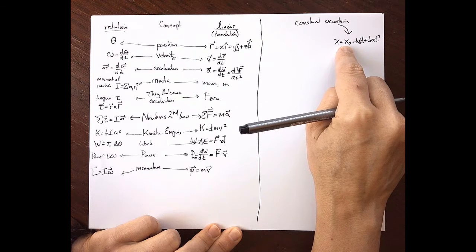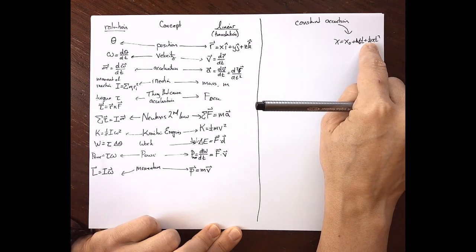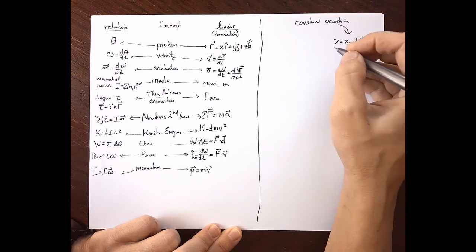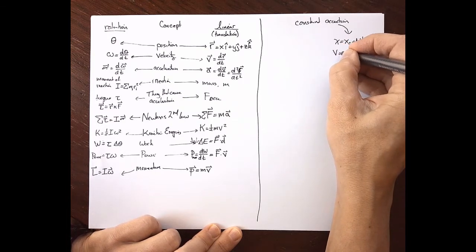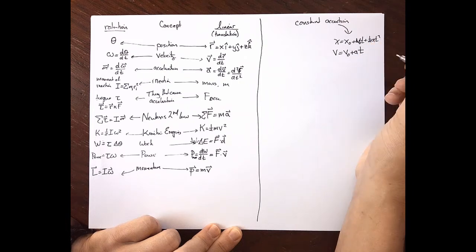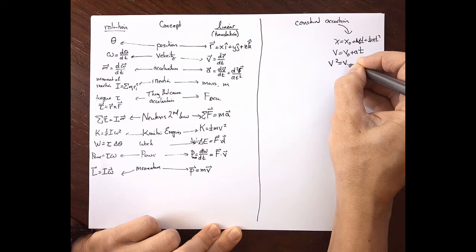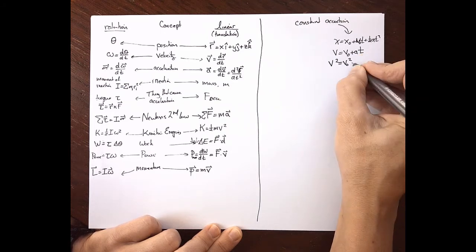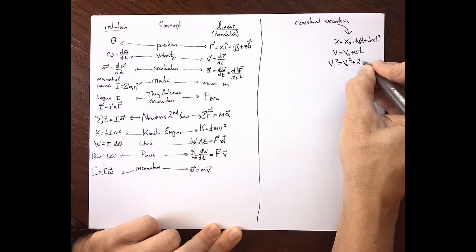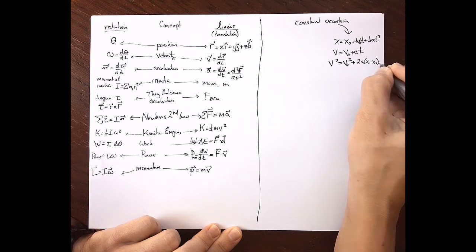The position is the initial position plus the initial velocity times time plus 1/2 the acceleration times time squared. The velocity is the initial velocity plus the acceleration times time. We could even use the square velocity one. The velocity squared is the initial velocity squared plus 2 times the acceleration times the change in position.